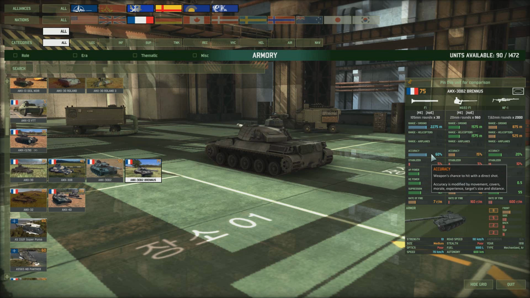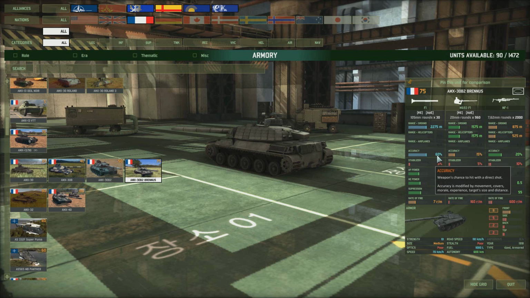So in this case it's 60%. Every time this weapon fires, it's going to have a 6 out of 10 chance of hitting the target, as long as it's fully healthy, not stressed and not moving.